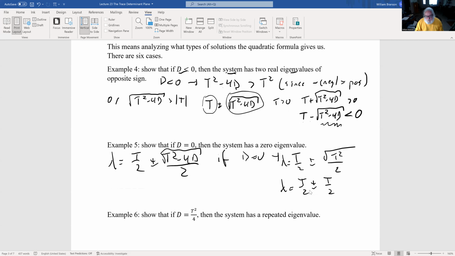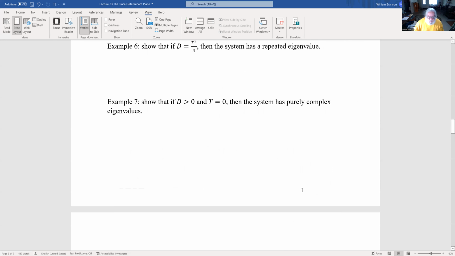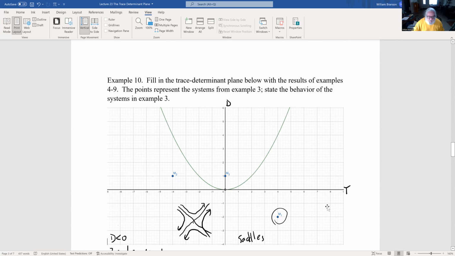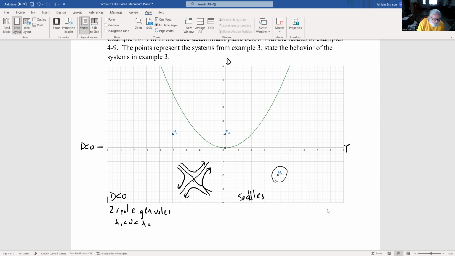And so t over 2 plus t over 2 will be t, but t over 2 minus t over 2 is going to be 0. So you'll actually have a 0 eigenvalue. So d equals 0, what is that on the plane? D equals 0 is this horizontal axis. So that's that.